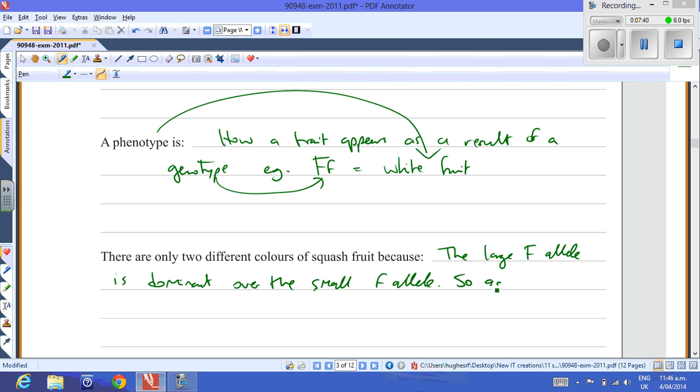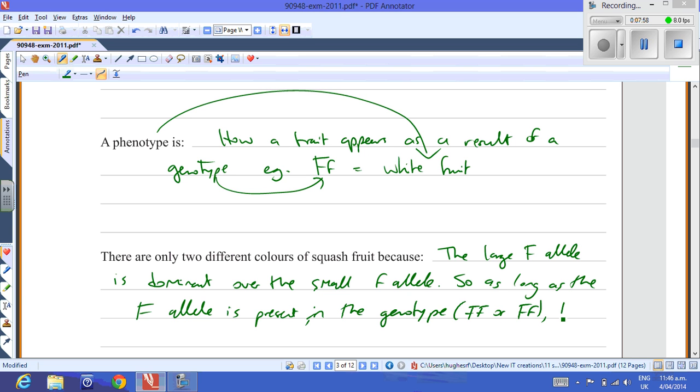So as long as the F allele, the dominant allele, is present in the genotype, so you can have large F, large F, or large F, small f, the fruit of the plant will be white.